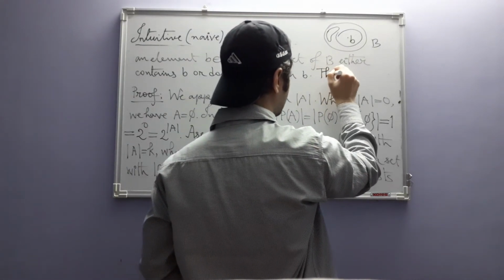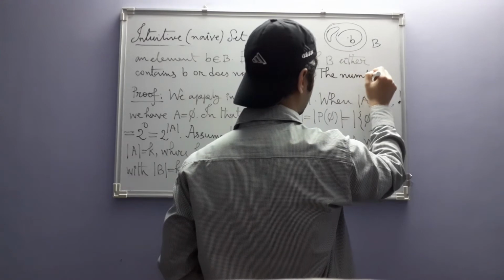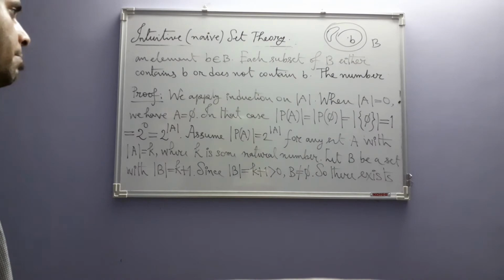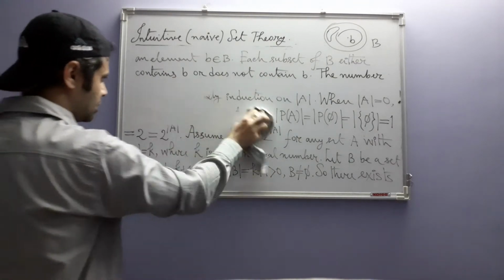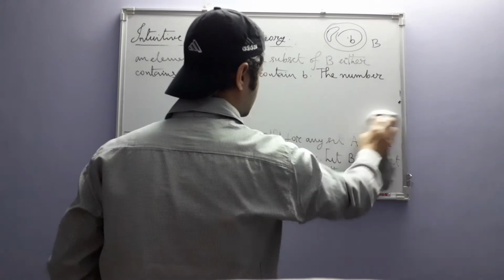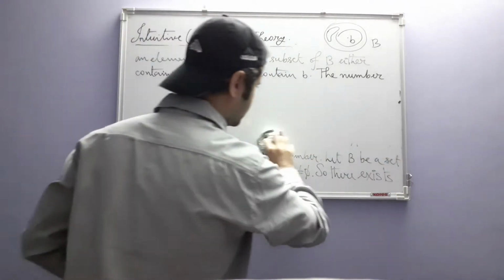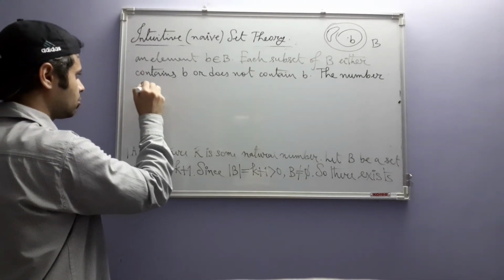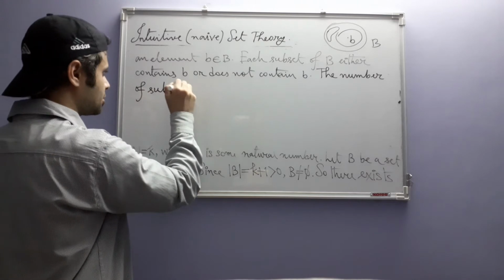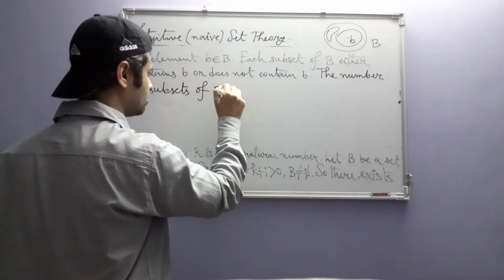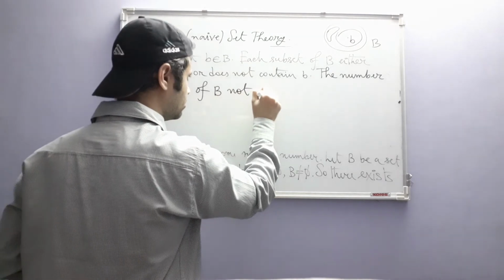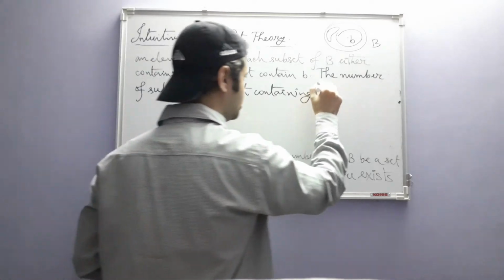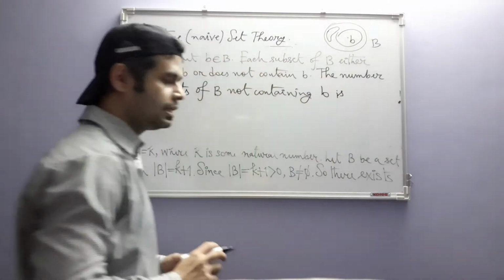The number of, or yeah, it's better to think of the number instead of thinking of the set, because the number is what we want. The number of subsets of B not containing small b is actually what?